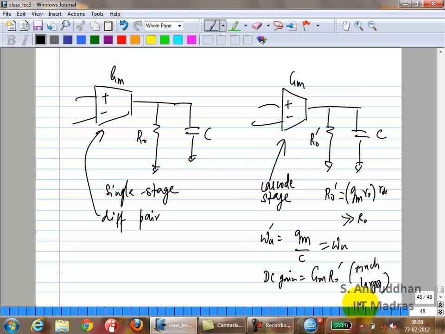You are trying to make R naught large, so it will just become approximately equal to GM RL. In the other case, you have made R naught prime even larger, so you are again going to be at the same GM RL. So again, you can't drive resistive loads.